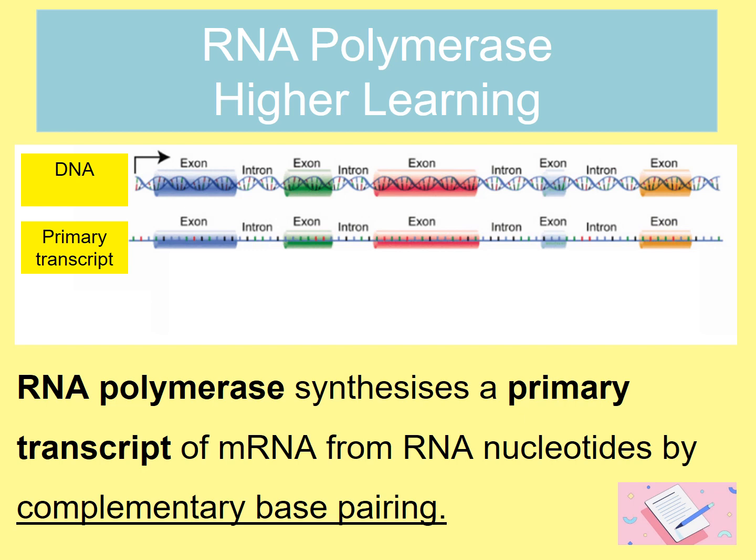What we can see in the diagram is a sequence on the DNA. We'll talk about introns and exons in just a wee second. But the molecule that's made as a result of transcription is called the primary transcript. So the primary mRNA transcript is formed by the action of RNA polymerase.